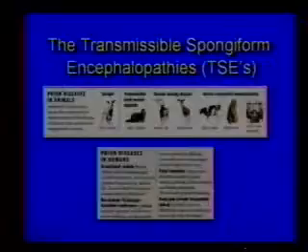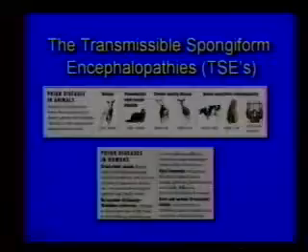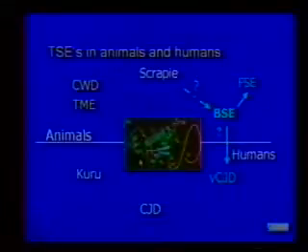And these are diseases where animals are not necessarily associated with any transmission. However, variant Creutzfeldt-Jakob disease is the disease that we associate with bovine spongiform encephalopathy.